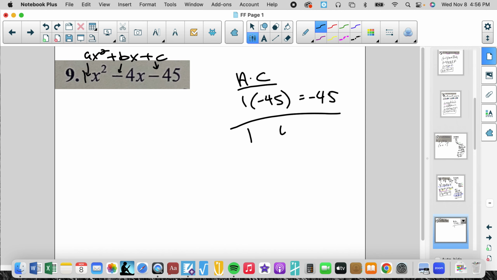I'm going to find factors of 45, which are 1 and 45, 3 and 15, 5 and 9. Now, the only way I can get a negative through a product is if the signs are different, either a positive times a negative or a negative times a positive. So I know my signs this time are different.